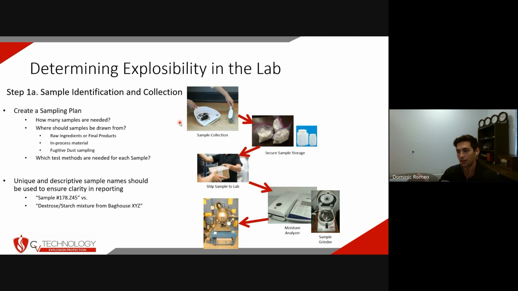And you're going to ship that to the lab. They're going to run it through a moisture analyzer to tell you how much moisture content is within that dust. And then we also have the option to grind that sample. And grinding that sample can provide a result that can work for all of the different bag houses because it gives you a much finer particle size.